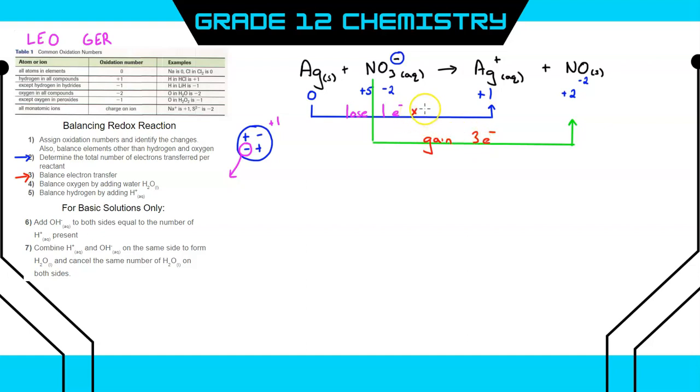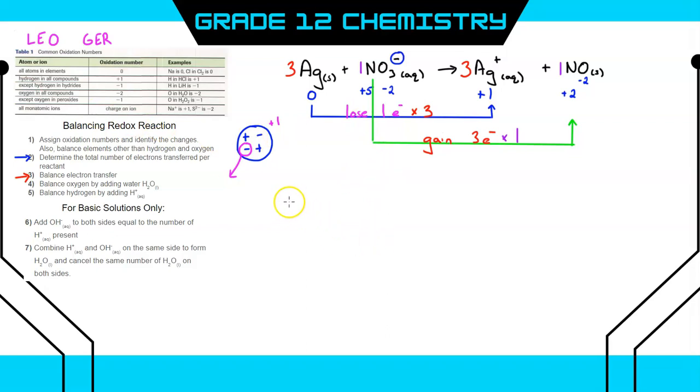So I'm going to multiply this by 3. And we're going to multiply this by 1. We don't really need to put 1s, but I'll show it. And then over here, 3. Like so.